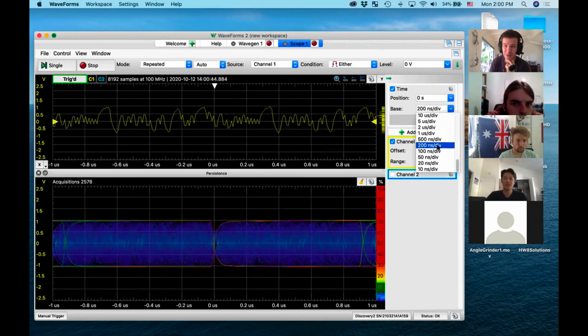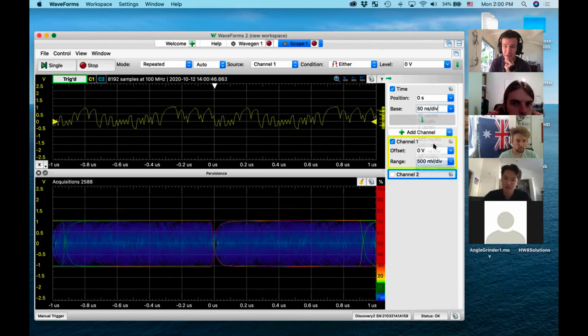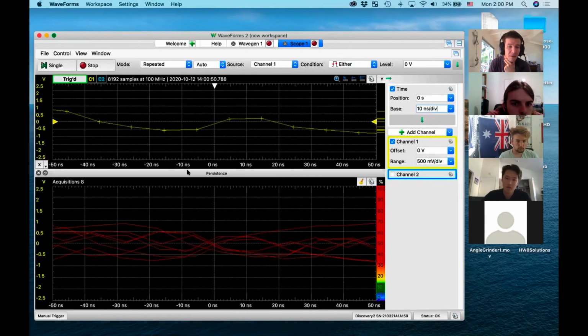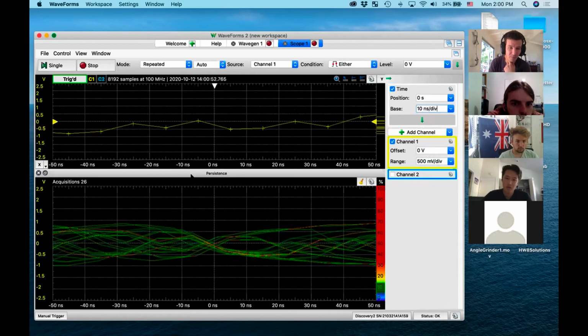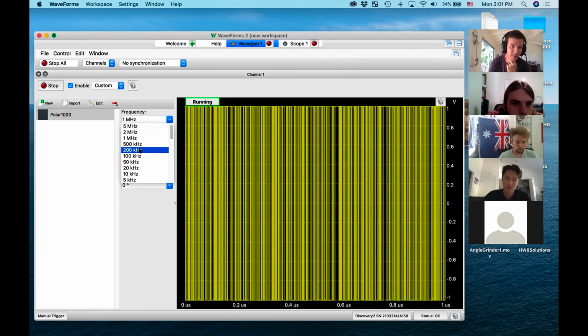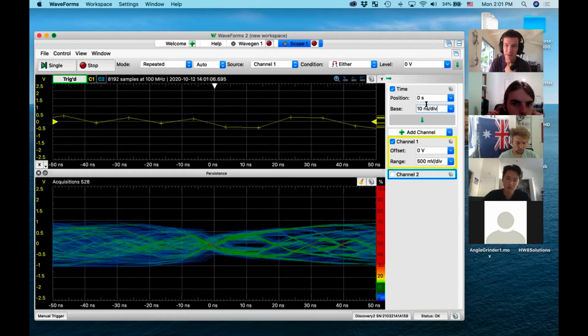I don't know if we're able to go that far. Maybe that was too far. Let's go there. So this is now 100 megabits per second. And let's clear channel 2 by changing the voltage.